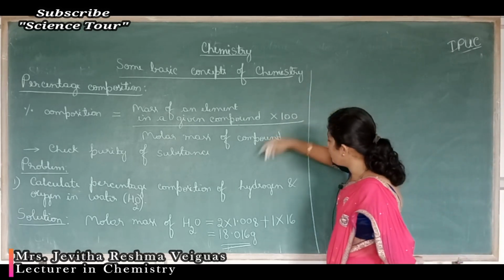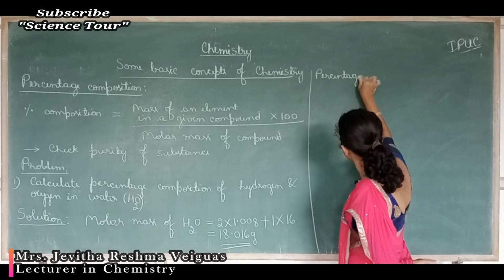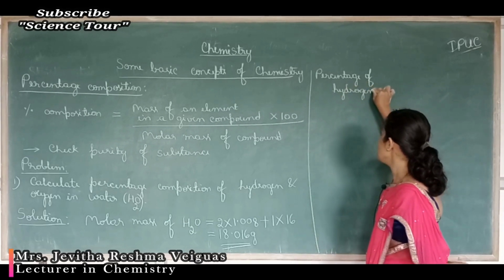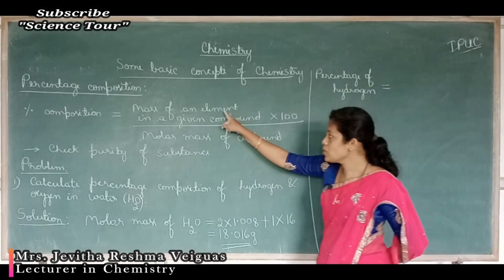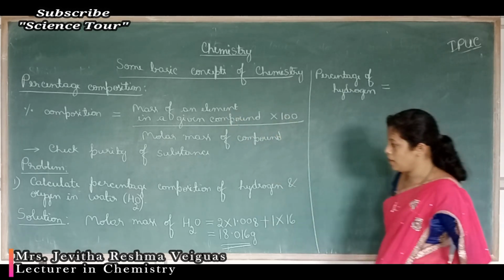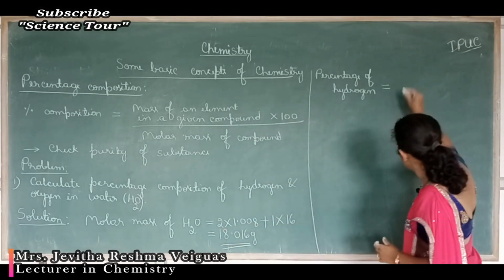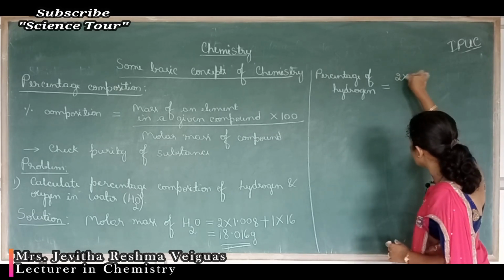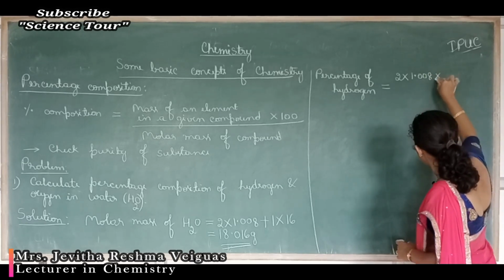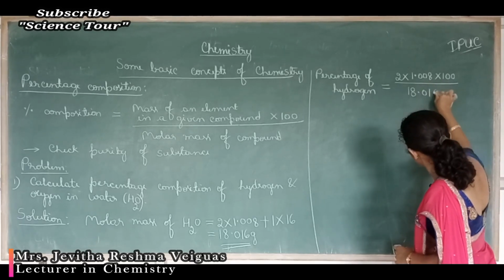Now we can calculate the percentage of hydrogen and the percentage of oxygen after knowing the molar mass. Percentage of hydrogen is equal to mass of hydrogen in the compound into 100 divided by molar mass. How much is hydrogen? 2 into 1.008. This is the mass of hydrogen. There are 2 atoms of hydrogen, and one atom of hydrogen has atomic mass 1.008, into 100 divided by 18.016.